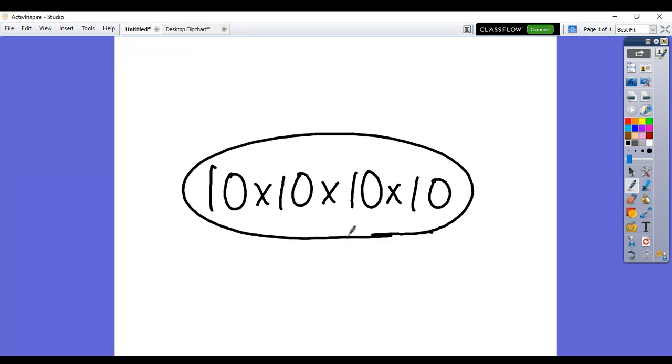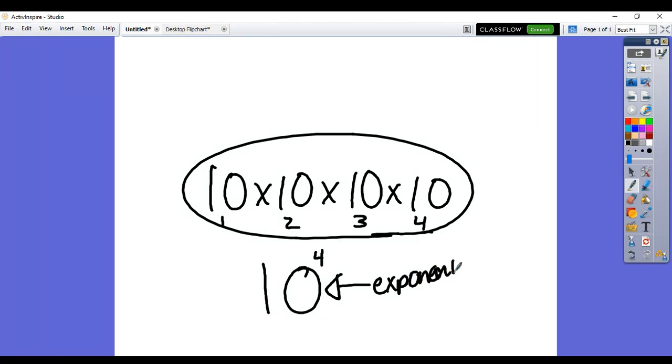That would mean your base would be 10, because that's what's been multiplied. You count how many times it was multiplied: 1, 2, 3, and 4. So 4 times it was multiplied, and that would make my exponent 4. So this right here is exponent form.